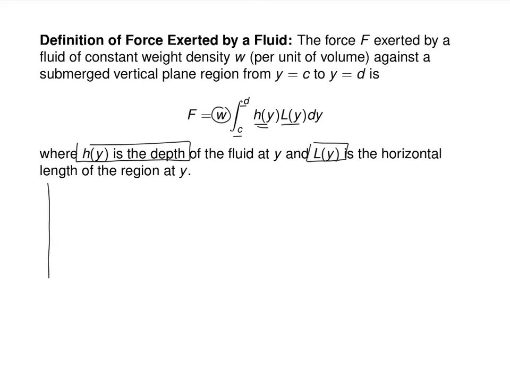So let's draw a picture, and we have some sort of plate, give it some sort of weird trapezoidal shape, submerged in water. And let's say its base is at a y of C and its top is at a y of D. Now, like we said before, to compute the force for a small slice, that will be the pressure on that slice times the area of that slice.